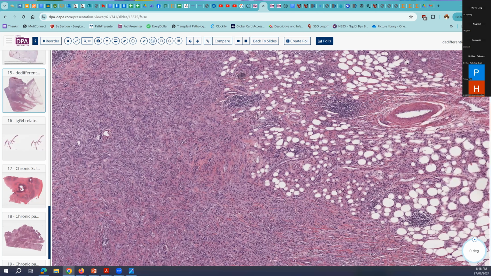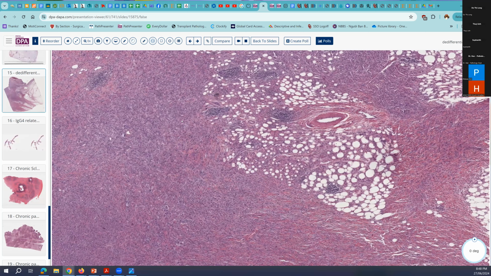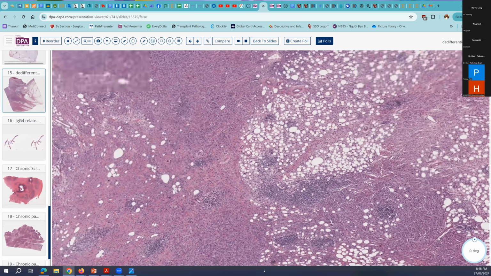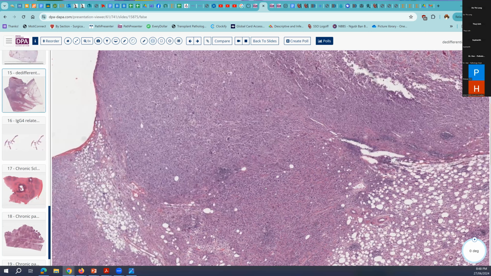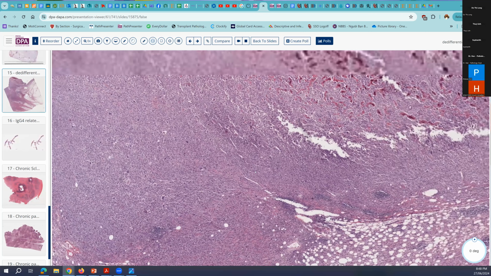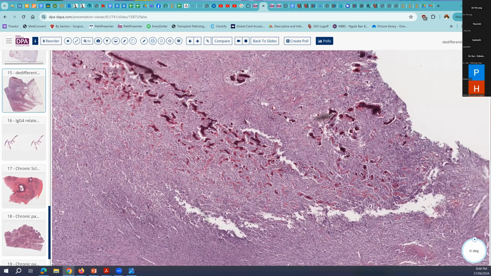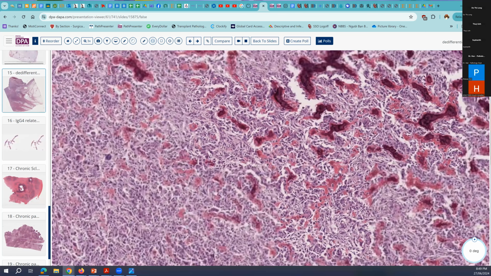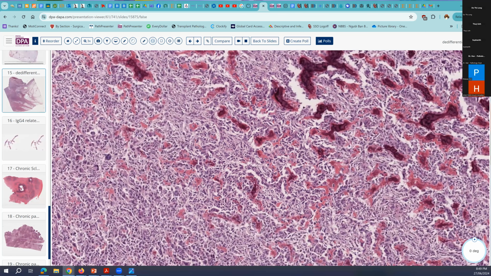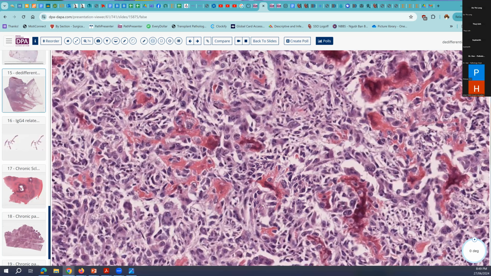The other feature that is somewhat unusual in this particular case is that we actually have areas of heterologous differentiation. Here we see more of that high-grade undifferentiated sarcoma. And then here you can begin to see areas of osteosarcoma with the nice osteoid coming out of the matrix here.